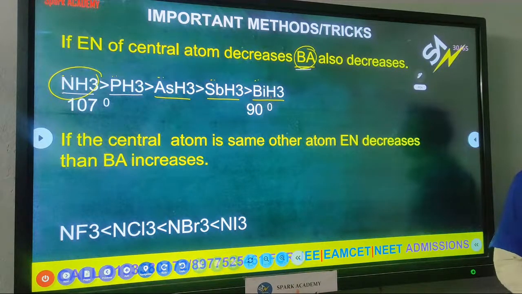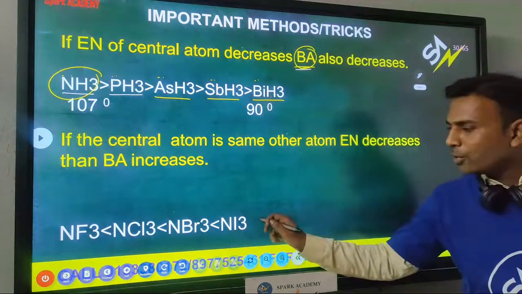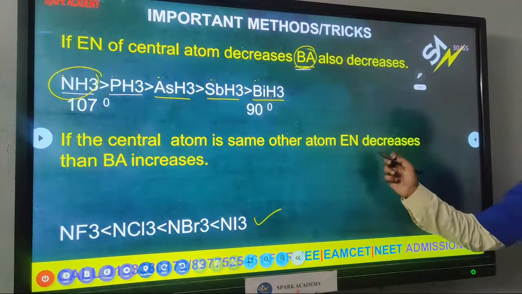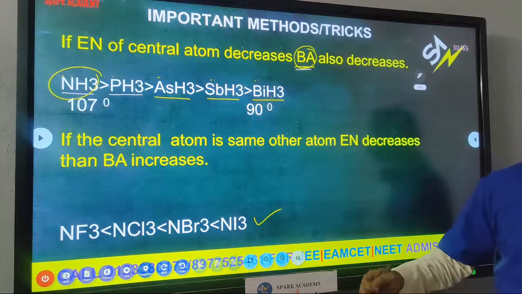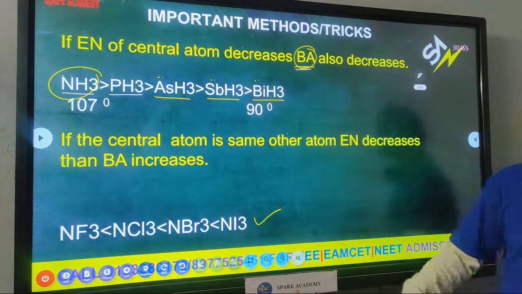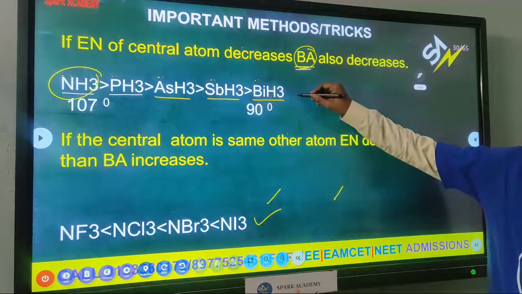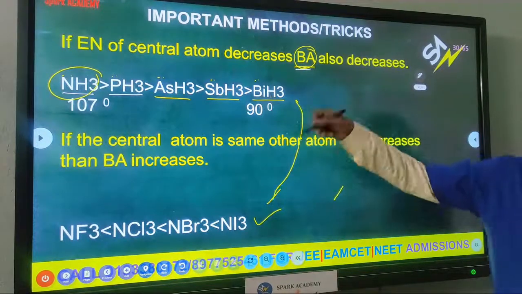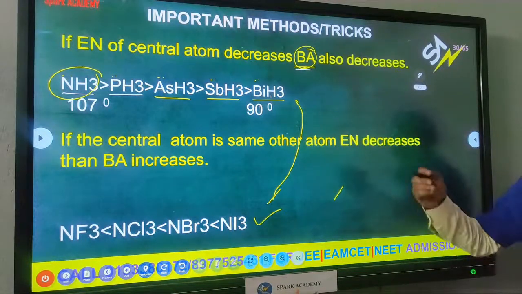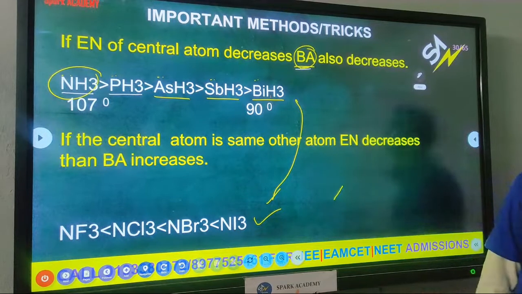These are 17th group elements, from fluorine to iodine. What about electronegativity? Decreasing. Then the bond angle increases. It is opposite to the above case, where the electronegativity of the central atom decreases and the bond angle decreases.